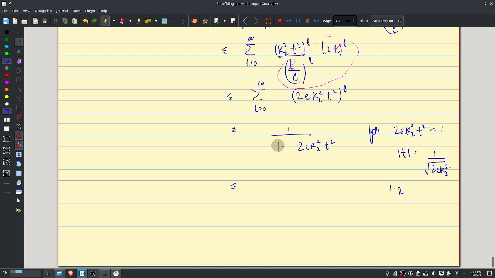So I want 1 minus x greater than or equal to something.